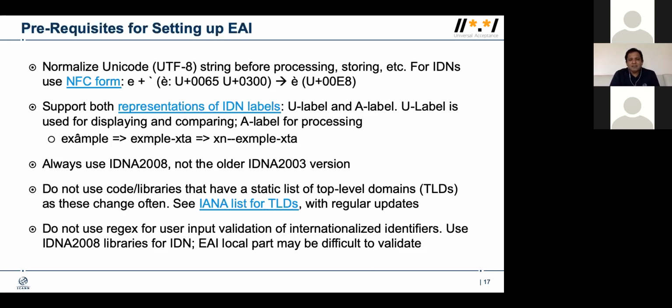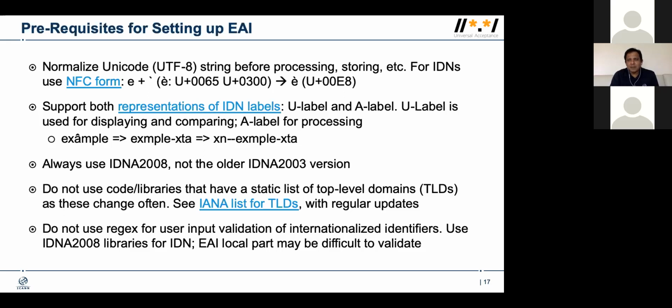Now, first of all, there's something called normalization. Say you are typing a local language character, basically a glyph, right? If you are typing a glyph, that can be input in multiple ways.